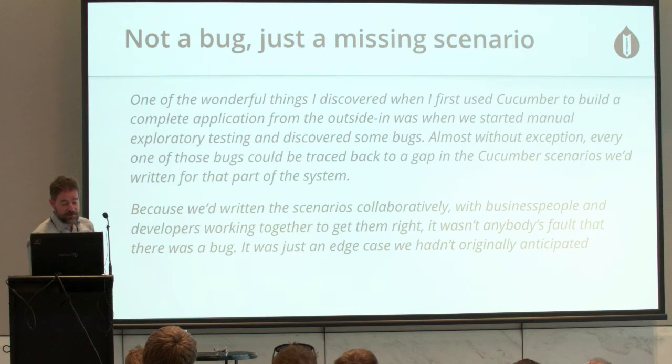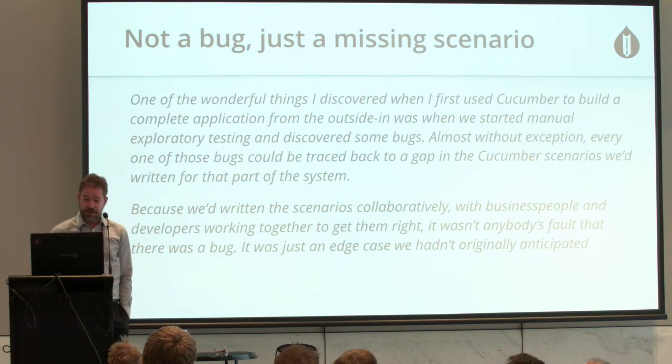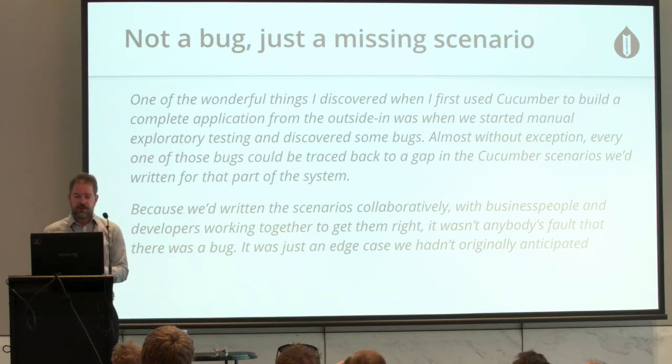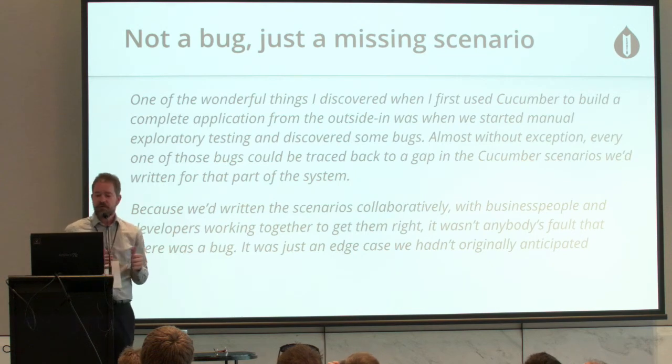Another interesting thing you may discover if you work that way, that someone discovered, is when you start using Behat or Cucumber, you write your scenarios, but if you find a bug, it might not always be a bug.